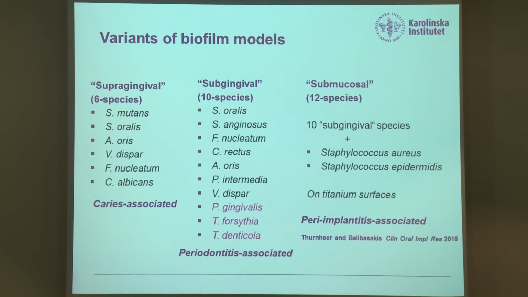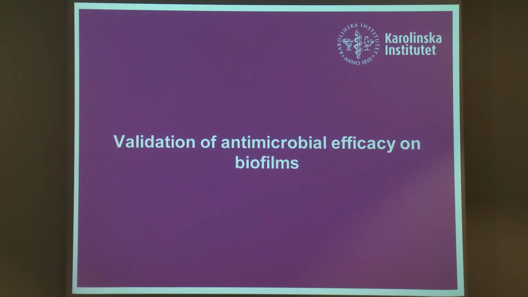So dental implants consist of titanium, and titanium surfaces are also favoring the formation of biofilm. In titanium-associated biofilms one can actually find also staphylococci, quite a frequent find, or certainly more frequent than in dental-related biofilms. That's why we decided to introduce them as well to answer questions related to peri-implant etiology and pathogenesis.